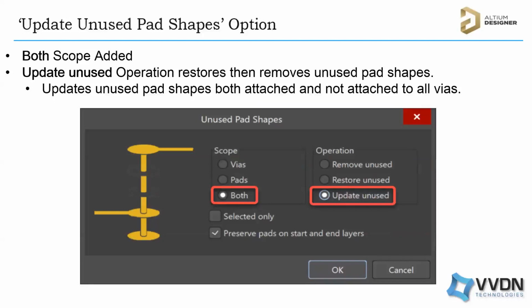Here you can see the keep unused pads and vias option is there; we can select it and we can remove and restore the unused ones. So in Altium 20 we can select and restore the unused ones. This is the new feature in Altium 20.